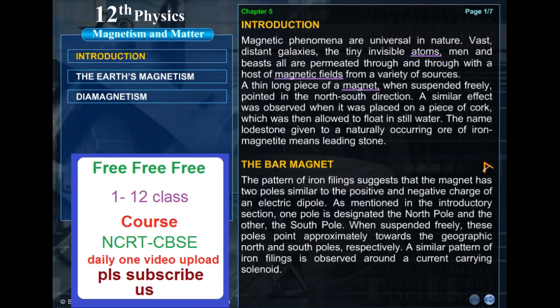When suspended freely, these poles point approximately towards the geographic north and south poles respectively. A similar pattern of iron filings is observed around a current-carrying solenoid.